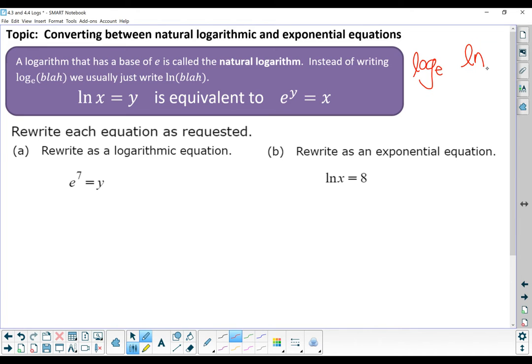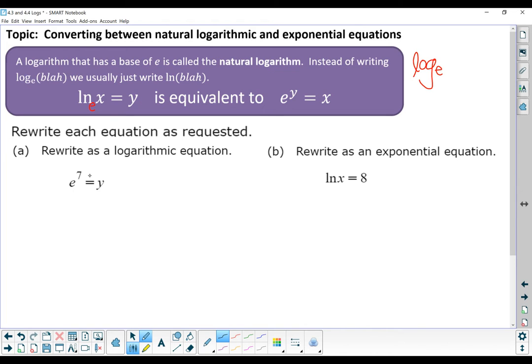So you never really see that little base e there, even though it is base e. If you want to convert between a natural log and an exponential, you have to remember that the natural log is base e. Other than that, the conversion is exactly the same. It's just that the base isn't written there.